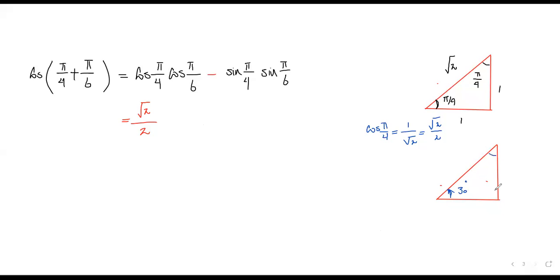And the other one is how much? 60 degrees, or pi over 6 and pi over 3. Always remember, the side adjacent to 30 is the square root of 3. The one in front of it, as usual, is 1. And the hypotenuse is how much? 2, using the Pythagorean theorem.